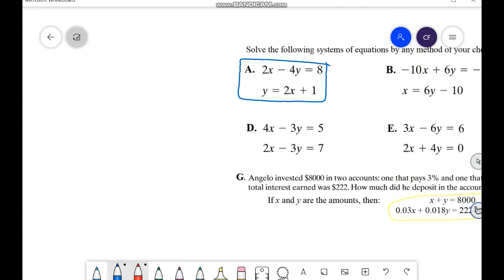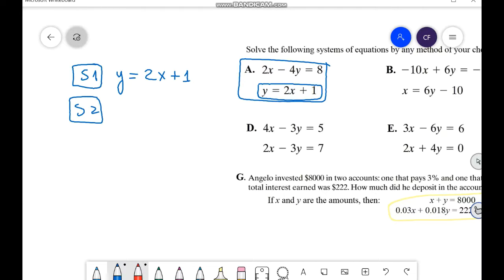For substitution method, step number 1. Let's get this equation here that's already isolated: y equals 2x plus 1. And we're going to plug in the next equation. Step number 2. The next equation, 2x minus 4 times y.